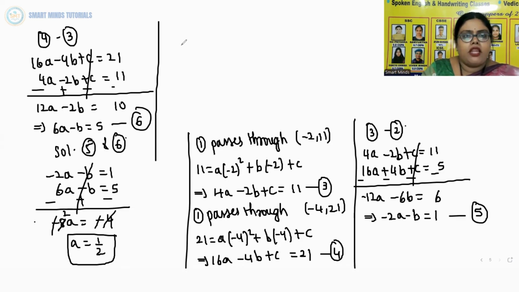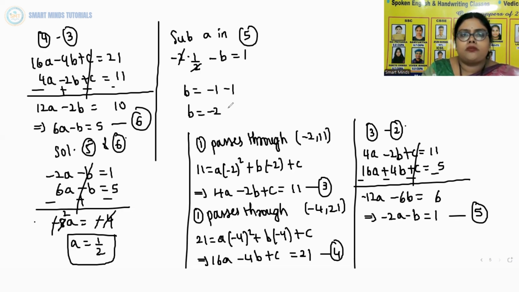After getting a value, we substitute a in equation number 5. So minus 2 into 1 by 2 minus b is equal to 1. 2 cancels. b is equal to minus 1 minus 1. b is equal to minus 2.